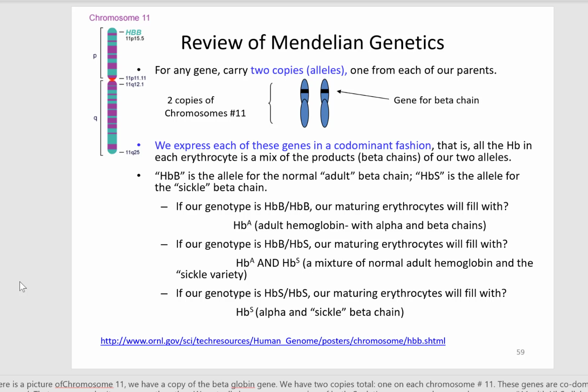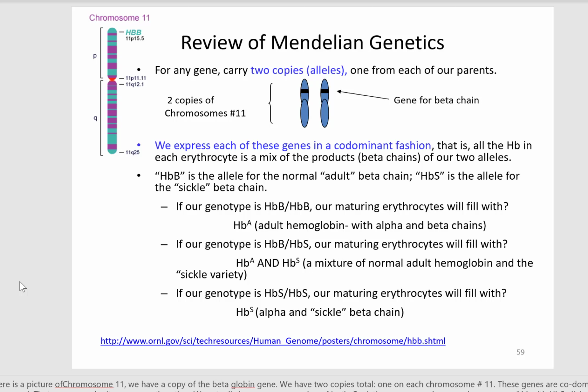So let's say a person has one chromosome number 11 with the HBS allele, which means the mutation, where the glutamate is being substituted with valine. Well, if that's the case, if you look down here on the second dash, then the genotype for that person would be HBB, and that represents the healthy allele on chromosome number 11, and HBS, that would represent the sickle allele on the other chromosome 11.